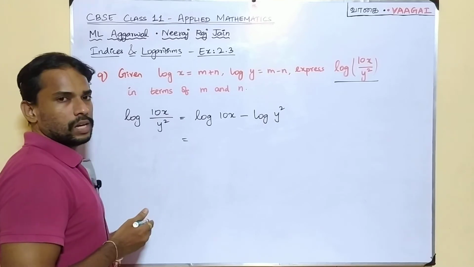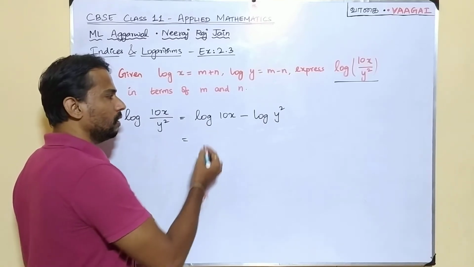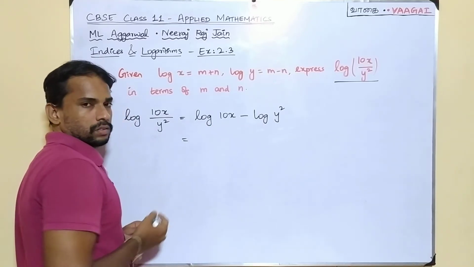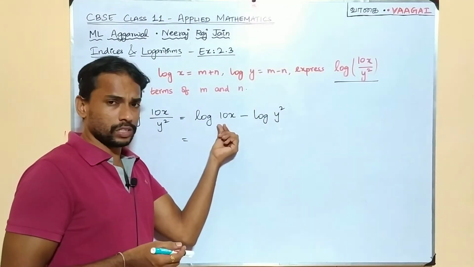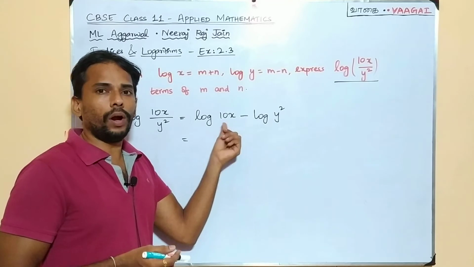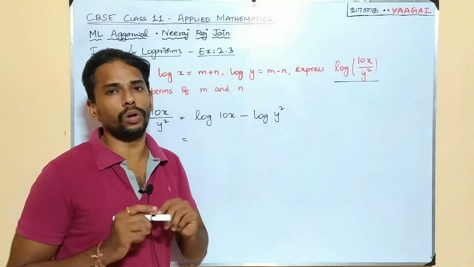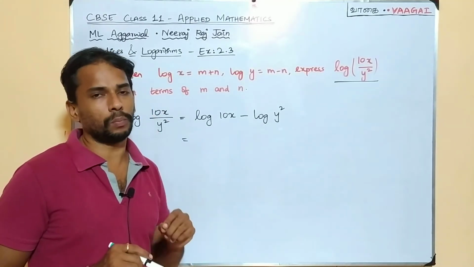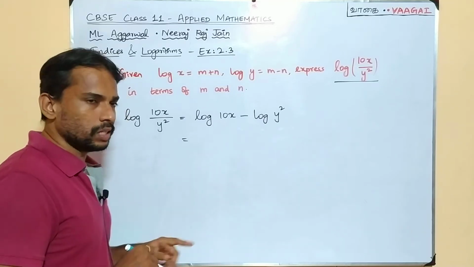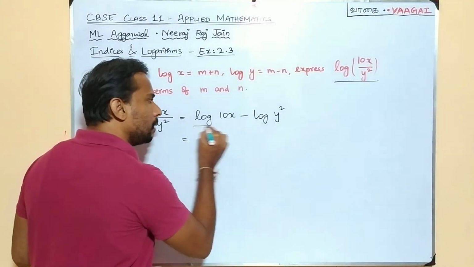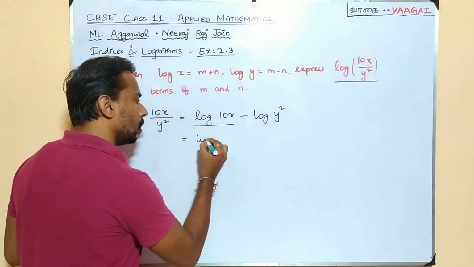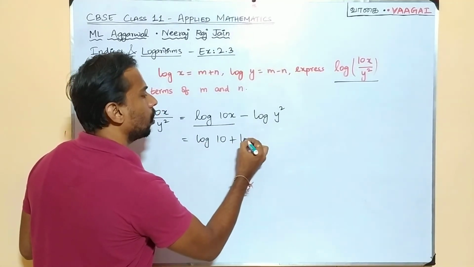Now once again, see this expression. Here we have log of 10x. Now this is like a product. This is like 10 into x. Now I can use the first law, the product law. So once I use this, this log of 10x can be written as log of 10 plus log of x.